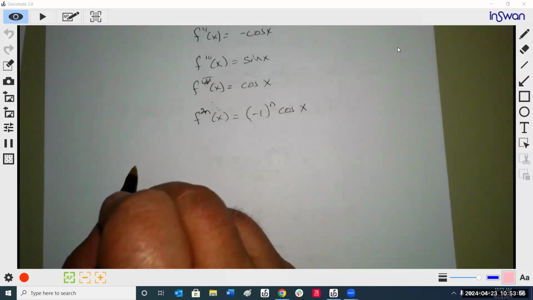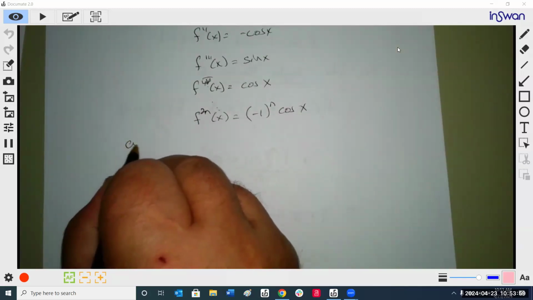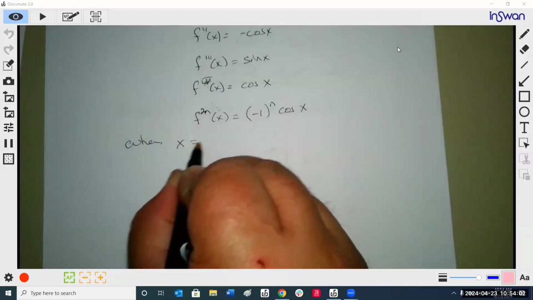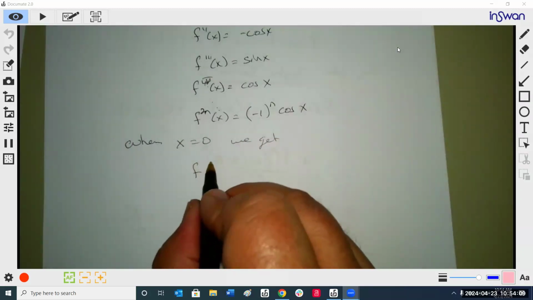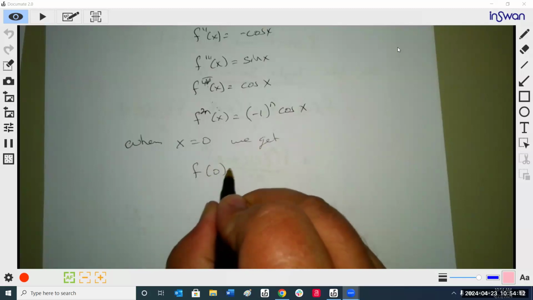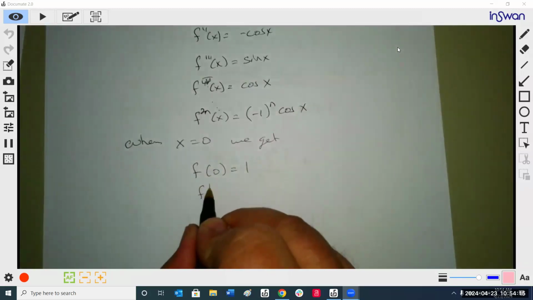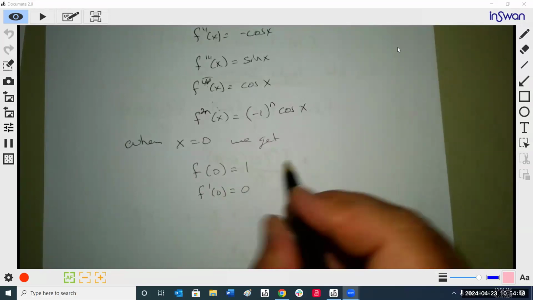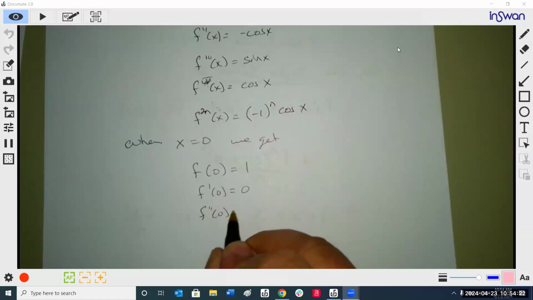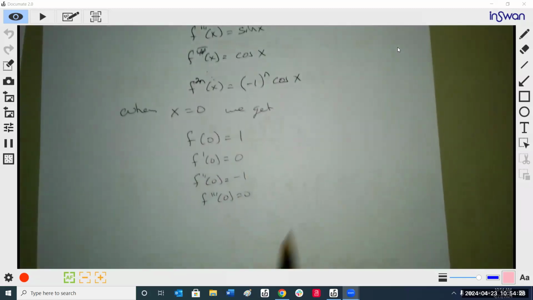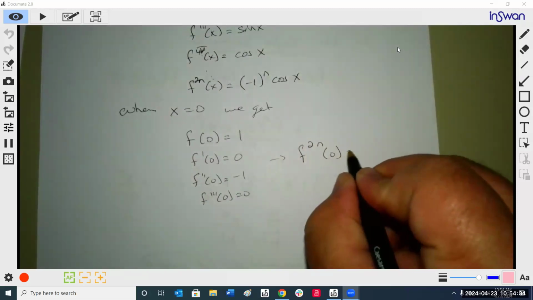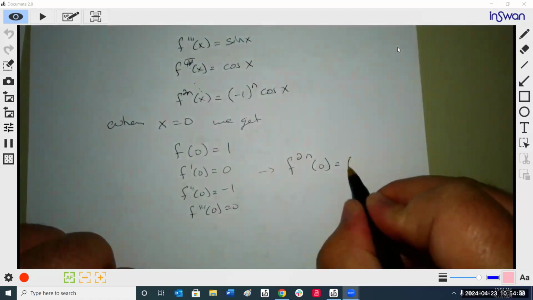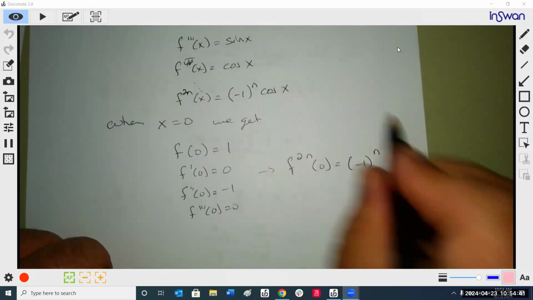So when x equals 0, we get f of 0 is 1, f prime at 0 is 0, f double prime at 0 is negative 1. F of 2n at 0 is negative 1 to the power n times 1, since cosine 0 is 1.